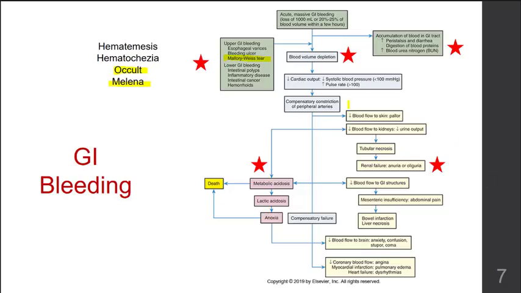Now, if somebody is bleeding, it's pretty obvious that this is going to result overall in blood volume depletion, which will then have an effect on overall cardiac output. And this, you can see, is the effect regardless of what the cause is of the bleeding.